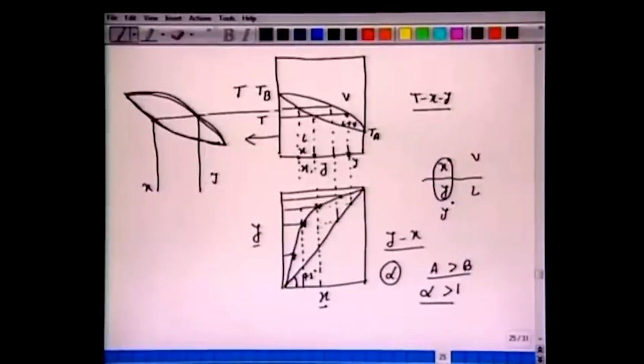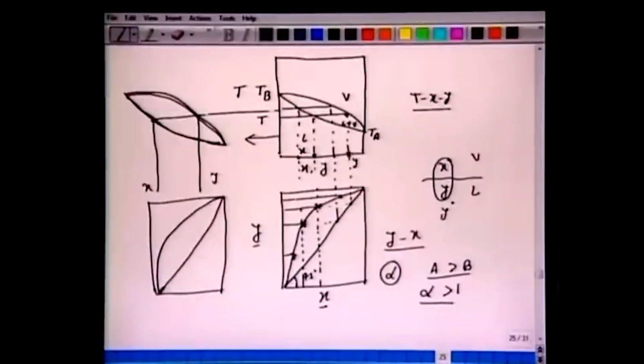Similarly, if you want to plot the Y versus X diagram by the same technique, by taking the projection here, one can show that the Y versus X curve will also be away from the 45-degree line. So for the same plot, if you want to plot for different relative volatility, it's easy to show that.